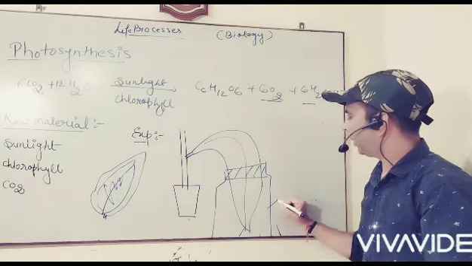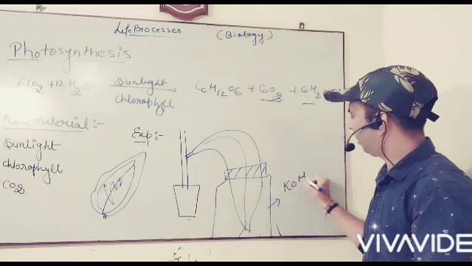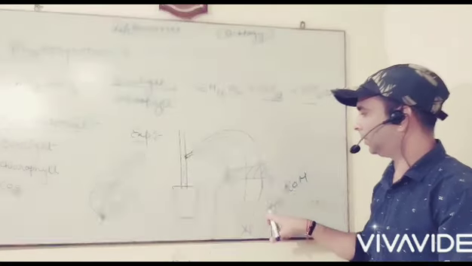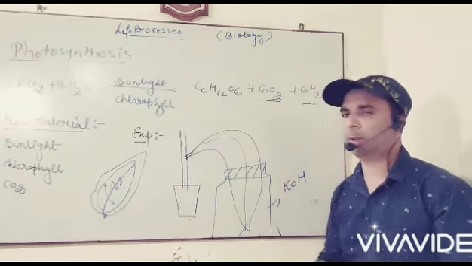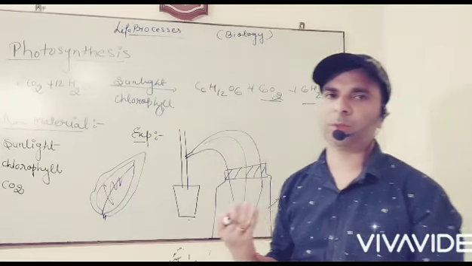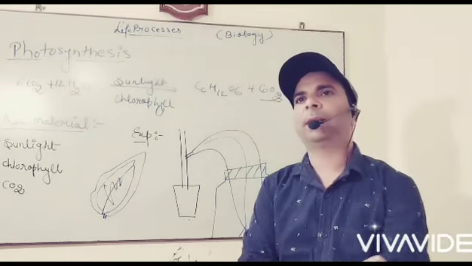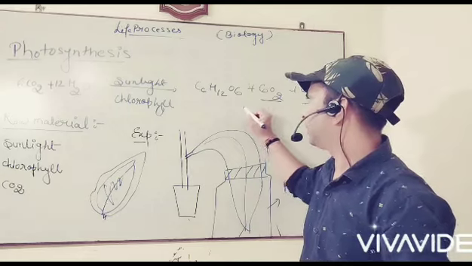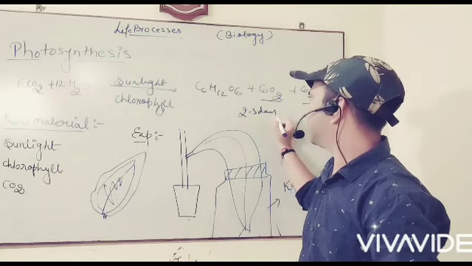Now put potassium hydroxide, KOH, in the jar and keep the experiment outside the room, in the garden, for 2 to 3 days.